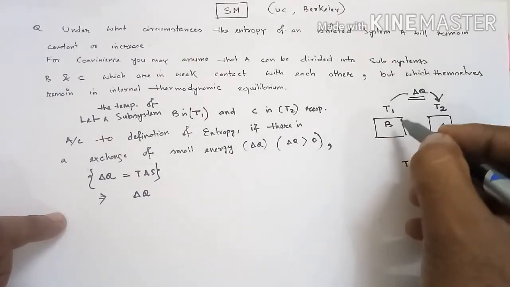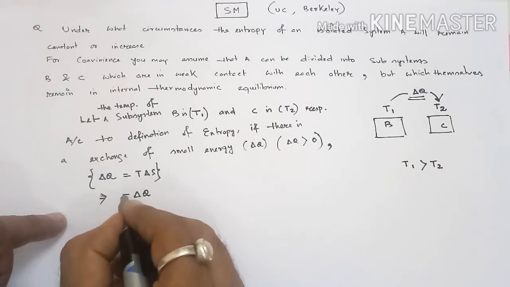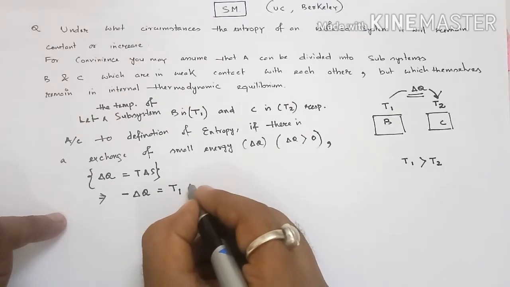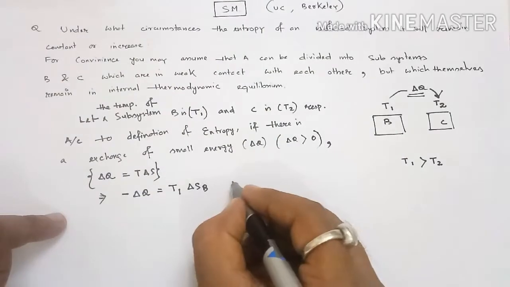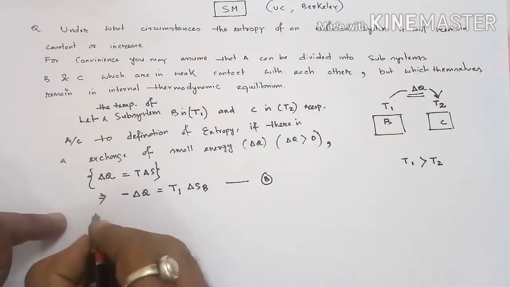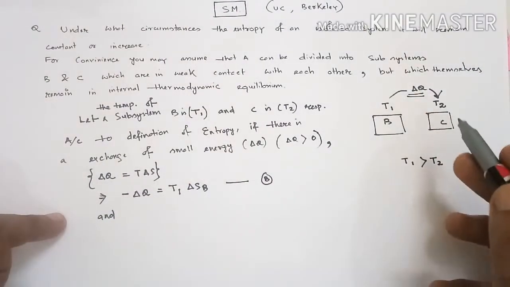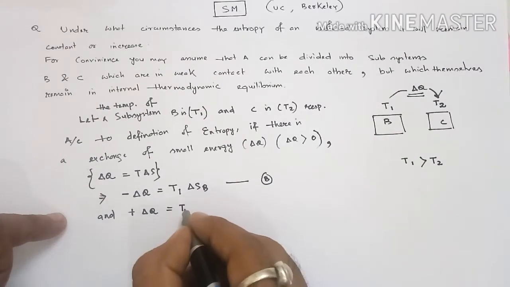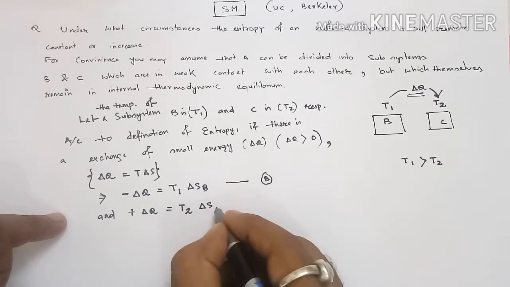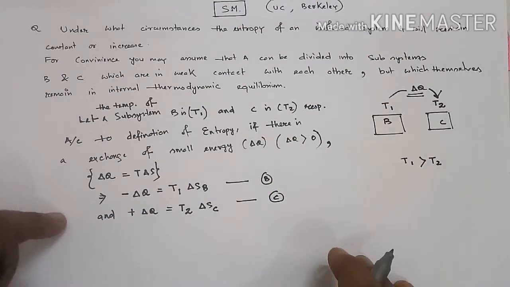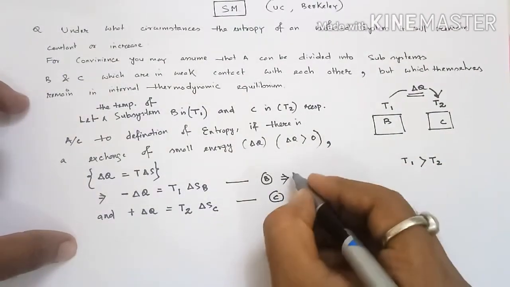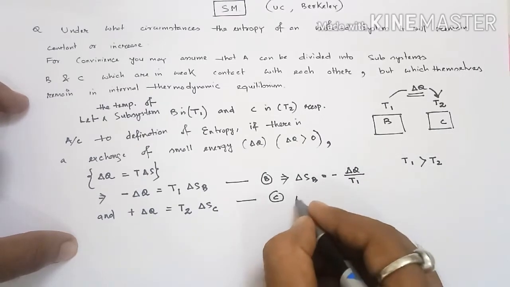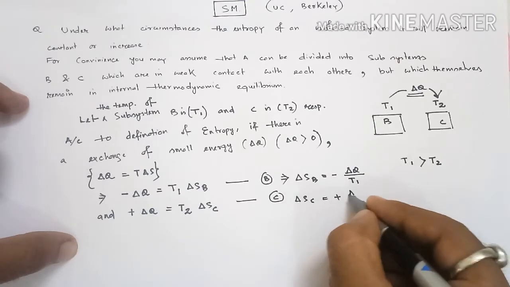But that energy is decreasing for subsystem B. That means the change will be negative for subsystem B, and that will be equal to the temperature of B, T1, times delta S, the change in entropy for subsystem B. So this is for system B. Similarly for system C, the energy is being added to subsystem C, therefore the change in energy will be positive for subsystem C. The temperature for subsystem C is T2 and the change in entropy will be delta S C. Then this can also be written in terms of the change in entropy for B as delta S B equal to minus delta Q divided by T1, and delta S C equal to plus delta Q divided by T2.